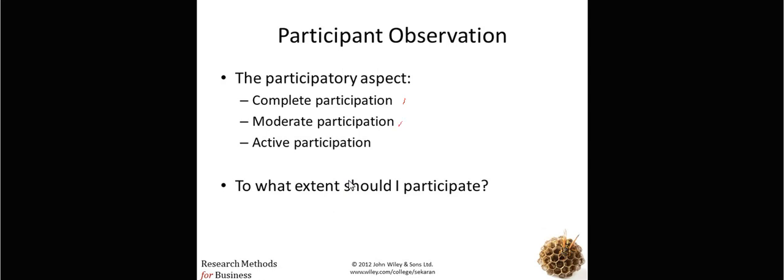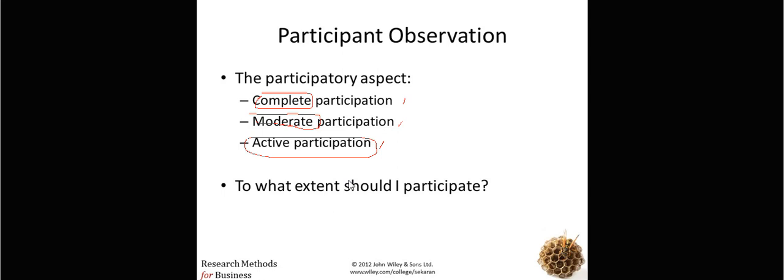Okay. So in case kita, example, kita tak tahu apa-apa yang berlaku. So kita nak dapat 100%, so maybe kita go for active participant. Maksudnya every event yang berlaku kita actively involved. Tetapi bila kita dah dapat some idea, okay, just kita nak verify whether idea is valid ataupun tidak, maybe we can choose moderate or complete participant.